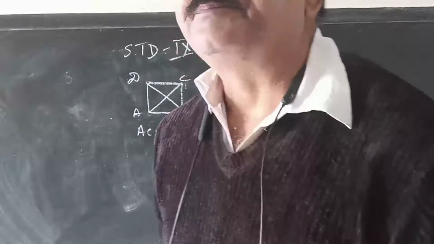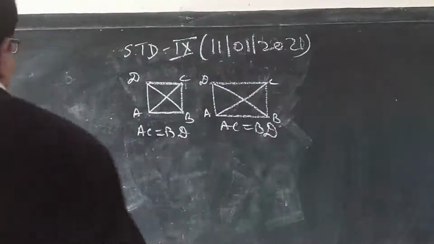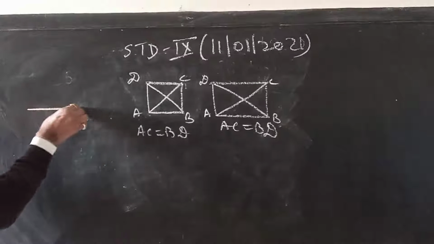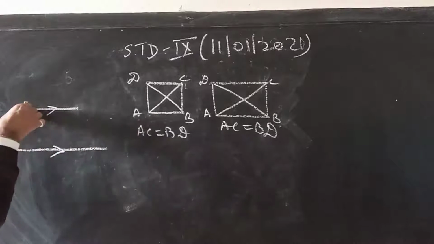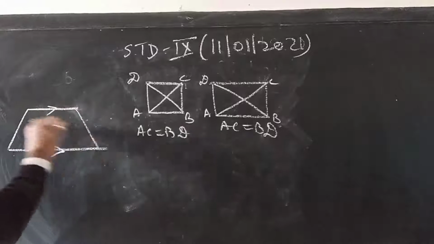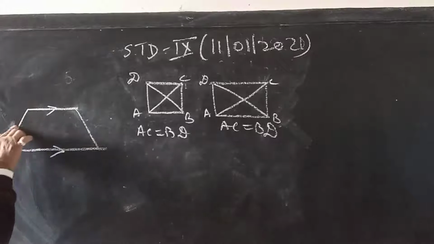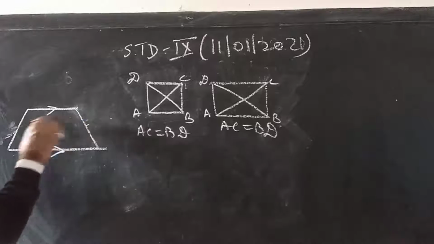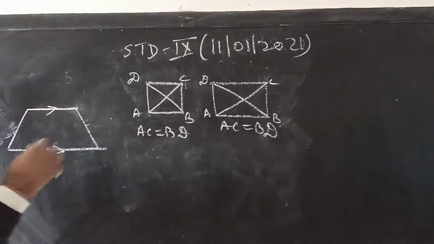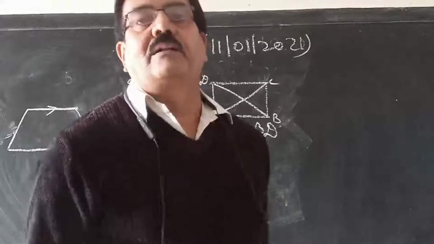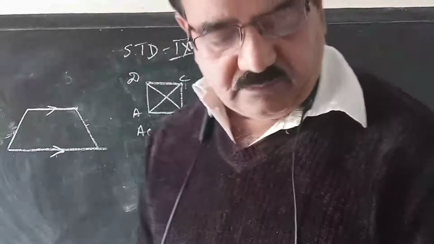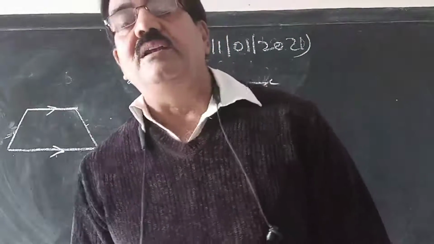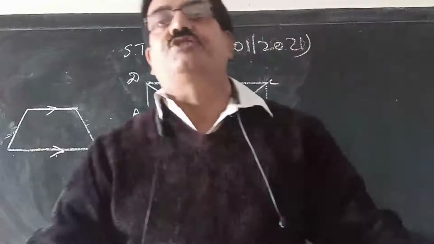By using this, and trapezium, you know, in a trapezium one pair of sides is parallel and the other pair is non-parallel. This is a non-parallel side, this is parallel, and the other side is non-parallel. This is a trapezium. Diagonals intersect at 90 degrees in a kite also.